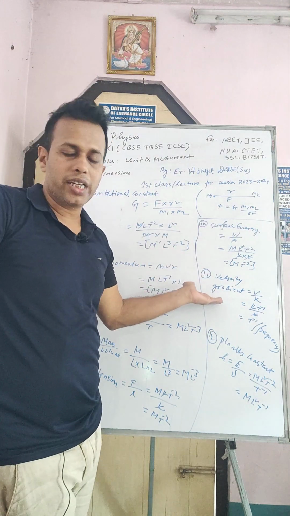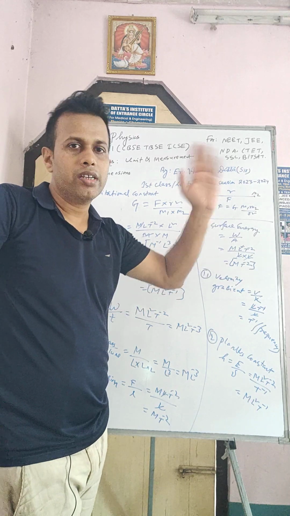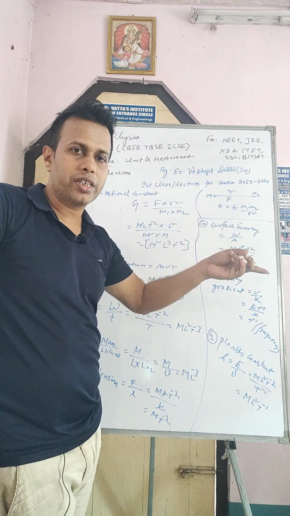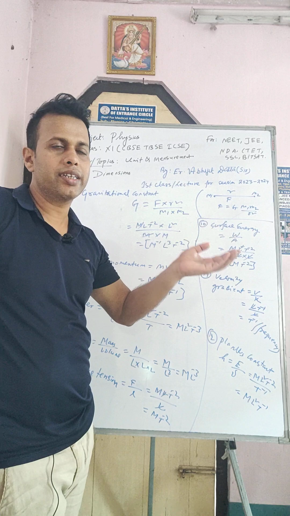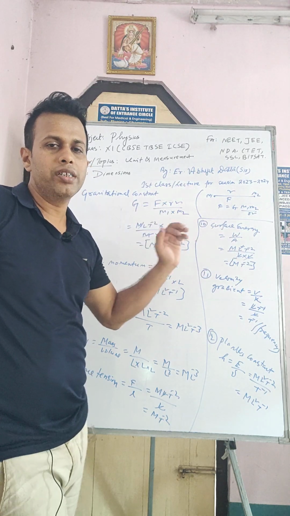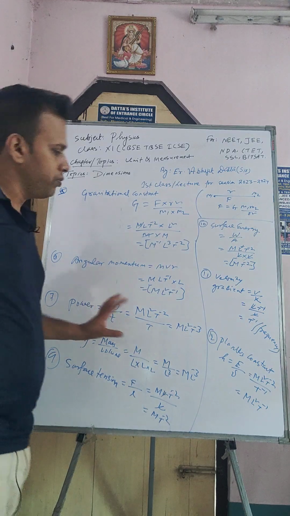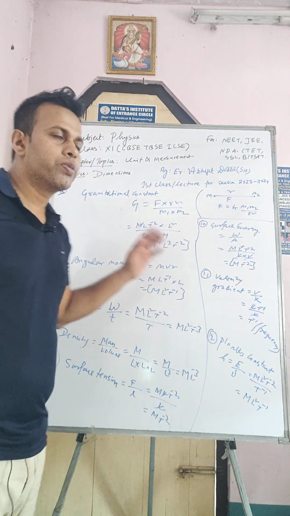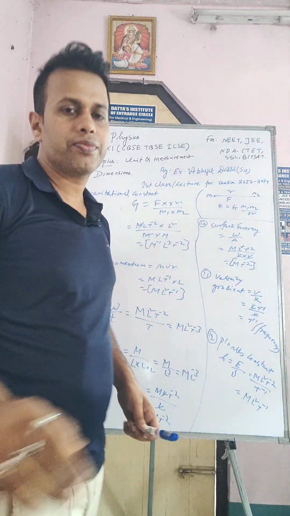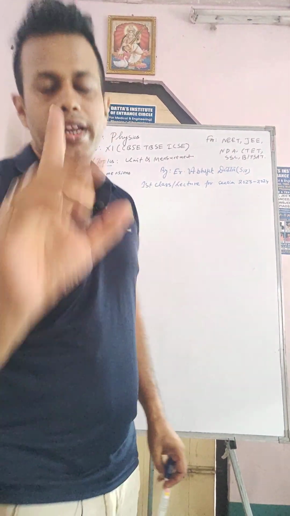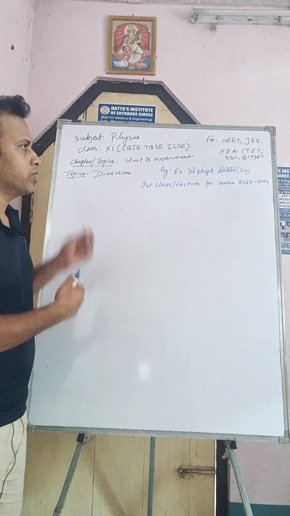If they ask pressure gradient, I write pressure by distance. Temperature gradient, temperature by distance. Anything gradient means this one by distance. Okay. Fine. Now we will do some related MCQ questions. This one came in previous questions. Okay. So another important formula you have to remember in dimensions.